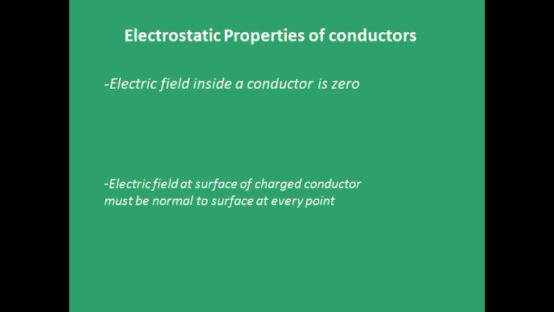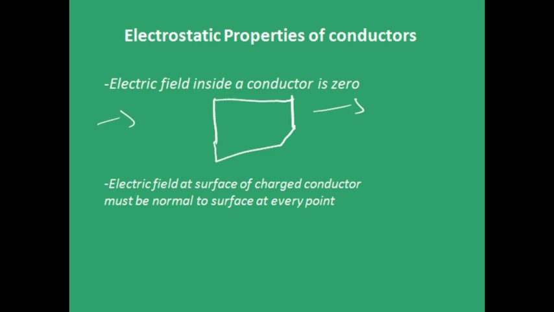Now I'll discuss with you some important properties of conductors. If you have a solid metallic conductor here, electric field inside the conductor is 0, whatever may be the outside environment. If you place this conductor in an electric field outside, what happens is the charges inside the conductor get redistributed such that the net electric field inside the conductor finally becomes 0.